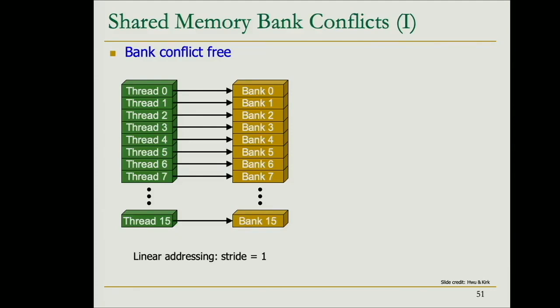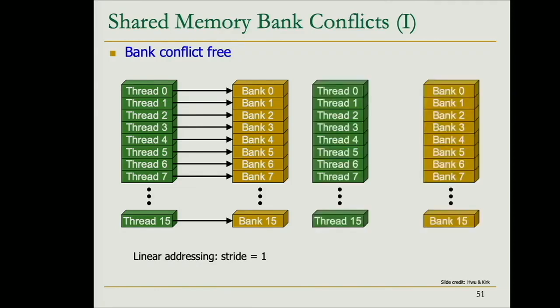Let's say our array A with A0, A1, A2, A3, up to A16, for example. I have 16 threads, so thread 0 accesses A0, which is located in bank 0. Thread 1 accesses A1, which is located in bank 1, and so on. The width of these banks is 4 bytes, which also matches very well with the cache line size. You recall that, right?